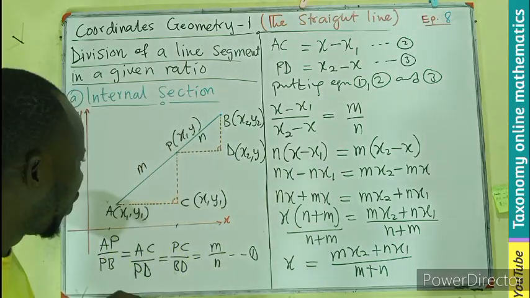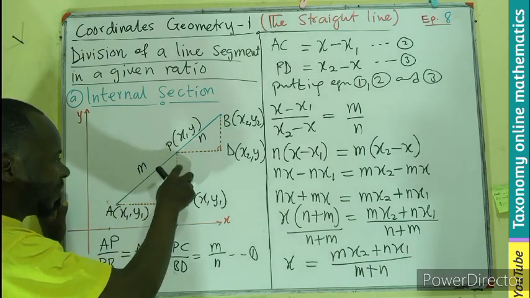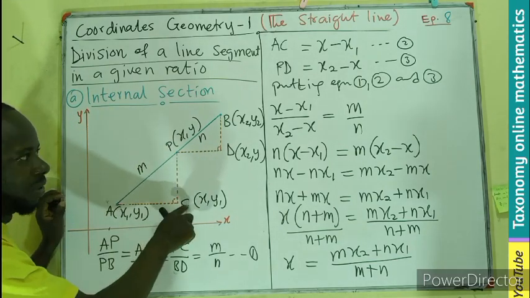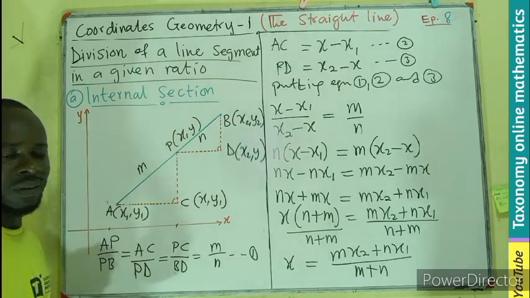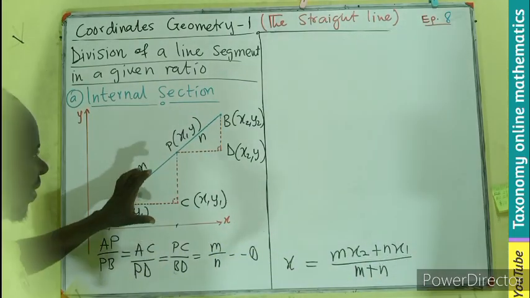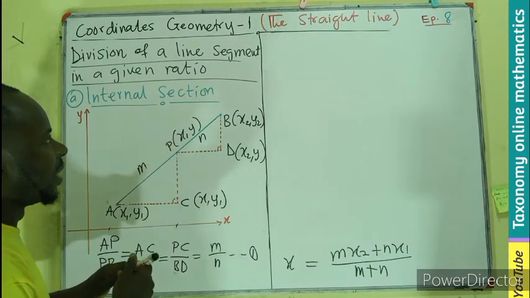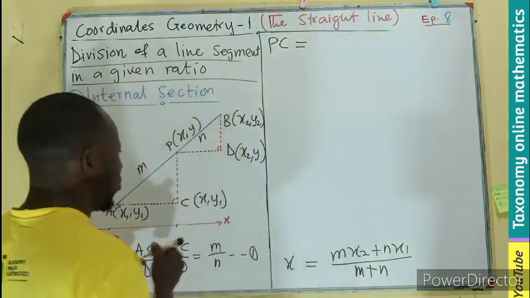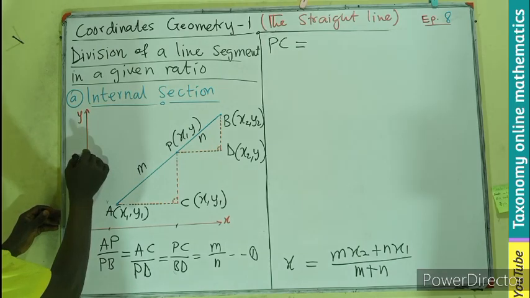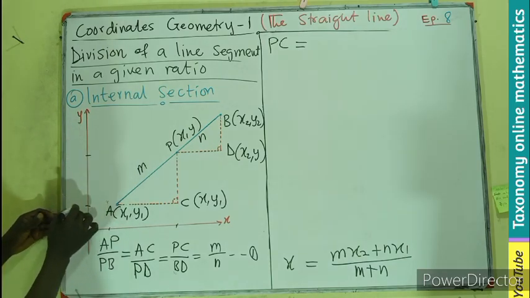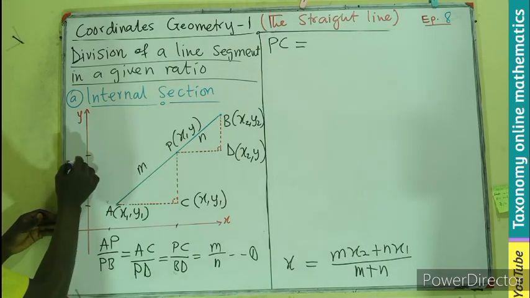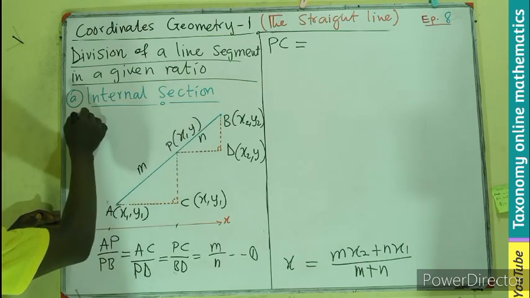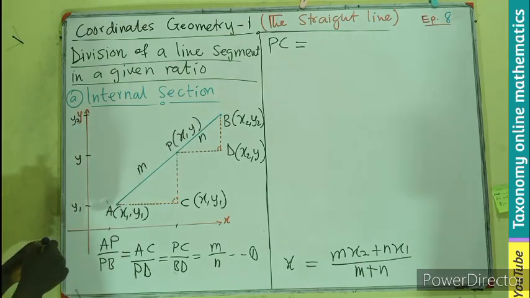All right. Then we need to also find for the vertical axis. We dealt with the horizontal, so let's find for the vertical axis also. For the vertical axis, we are dealing with PC. So the length of PC will be, let's indicate y1 here, y here, and y2 here.